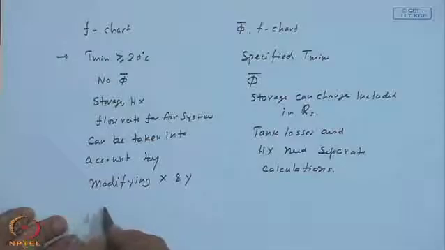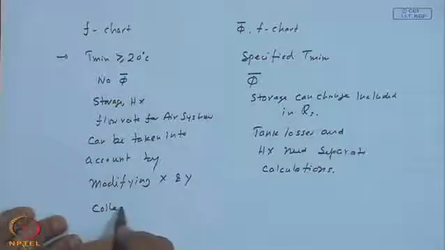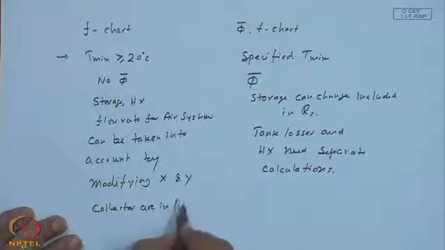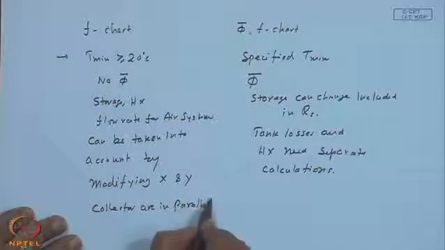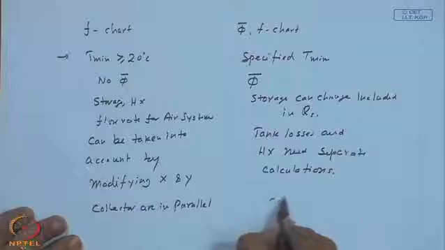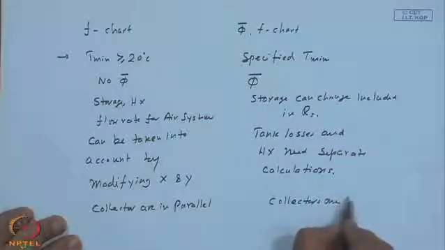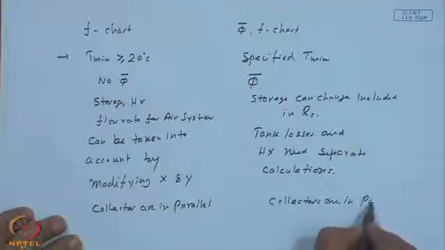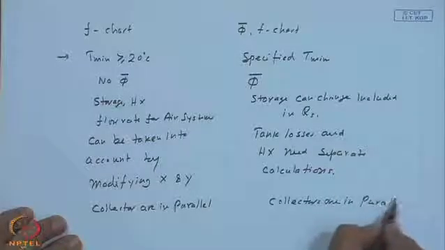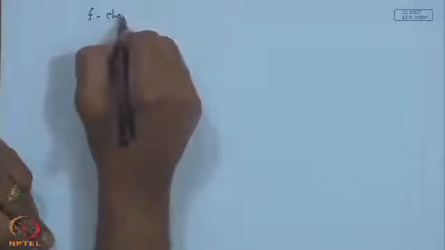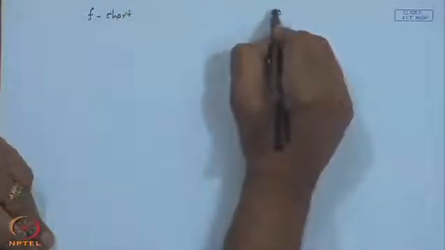In both the cases, collectors are in parallel. Here also, again F chart and your phibar F chart.